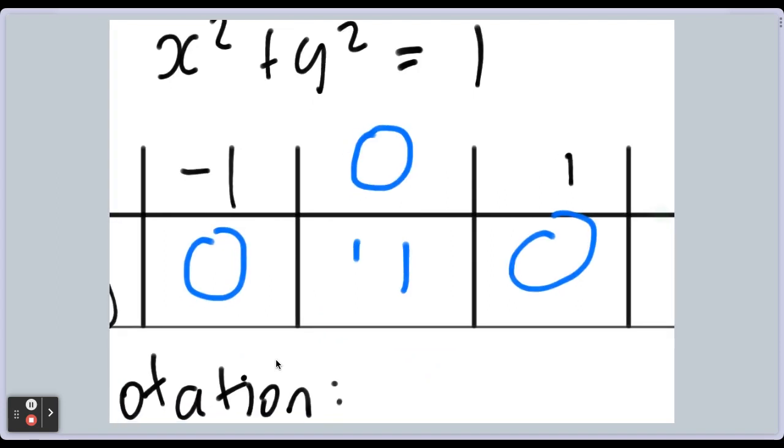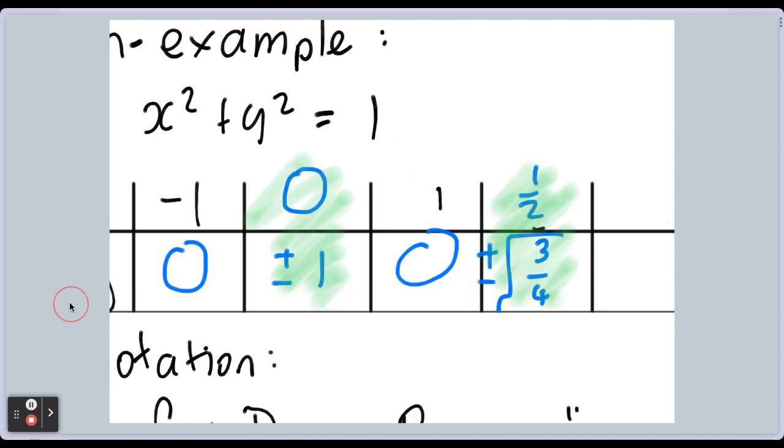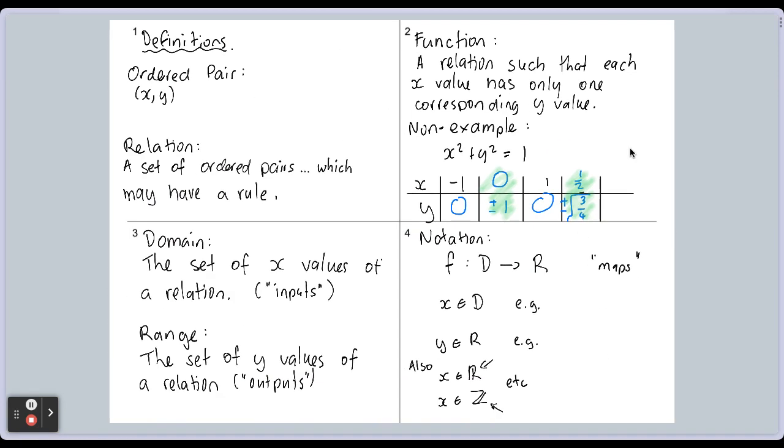Because it actually equals plus or minus 1. So we can see here that when x equals 0, the output is two possible values. And so therefore, we can say that it is a relation, but it is not a function.